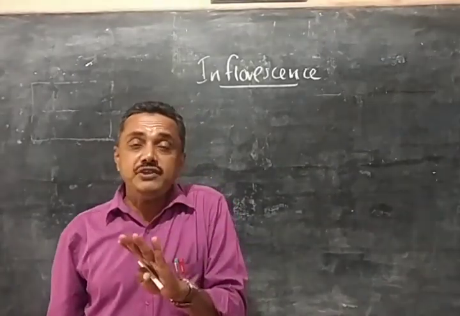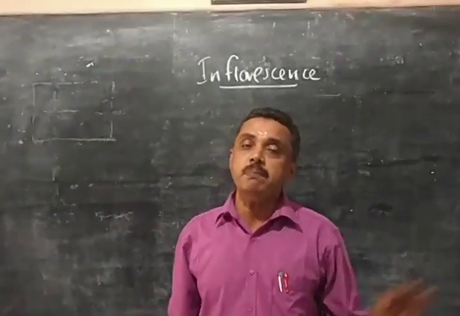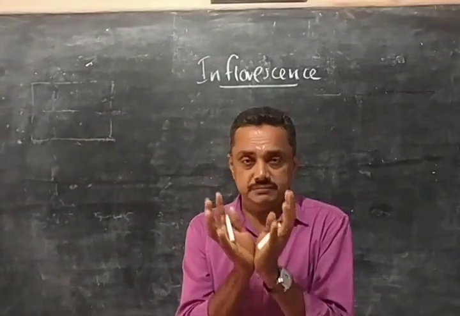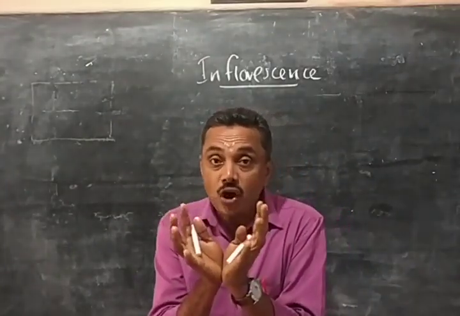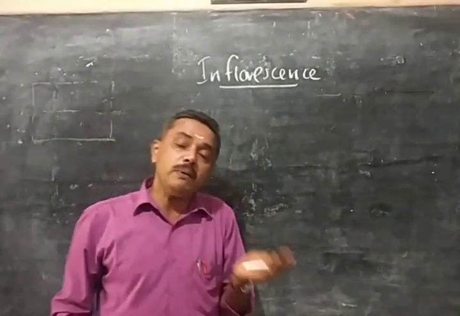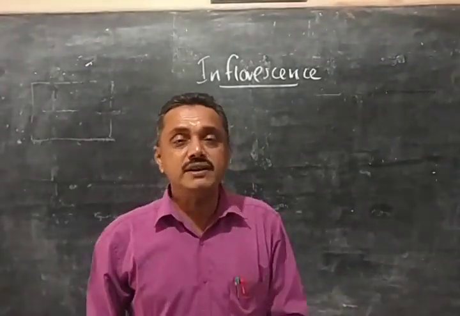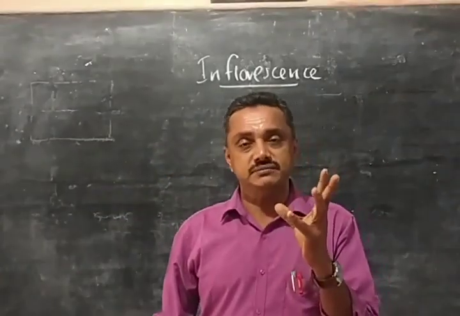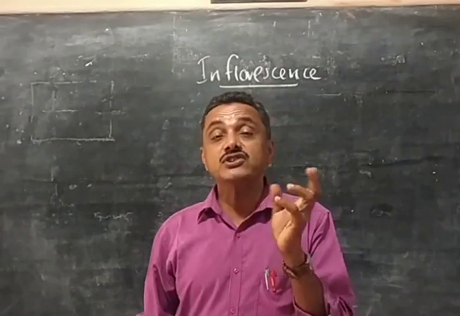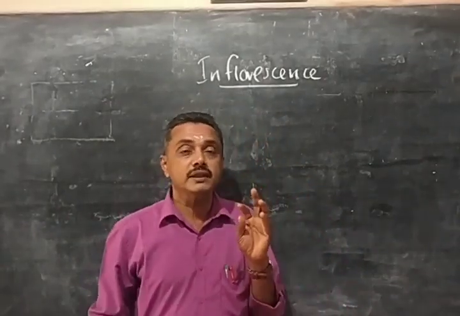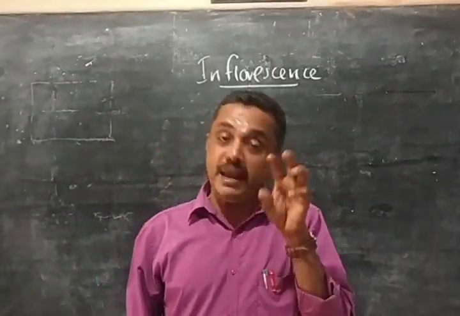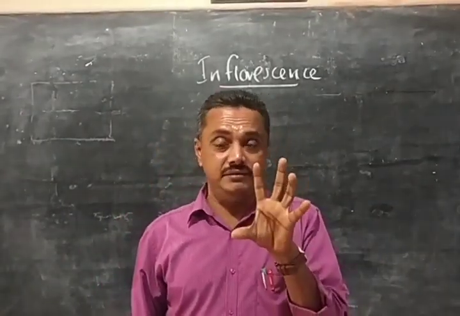Flowers may be solitary or seen as a group. In many plants, flowers are very small, so they are seen as a group. A group of flowers is called inflorescence. In many plants like hibiscus, flowers are large in size, so they can be easily identified by insects, and they are seen single.